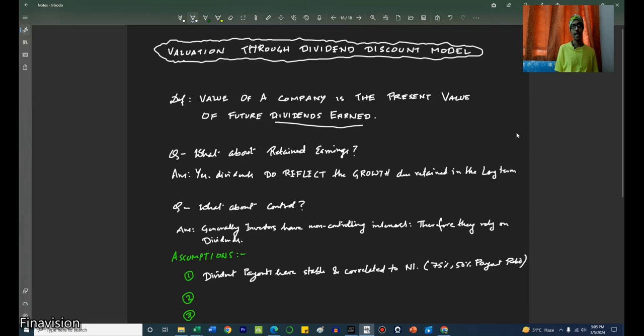Second is, the position of the investor is assumed to be preferably non-controlling.